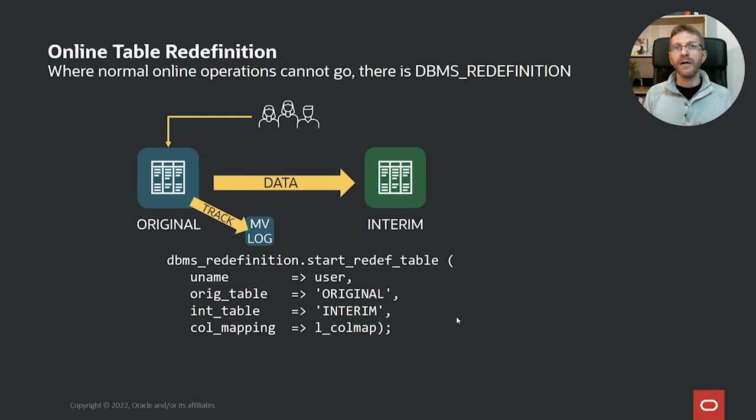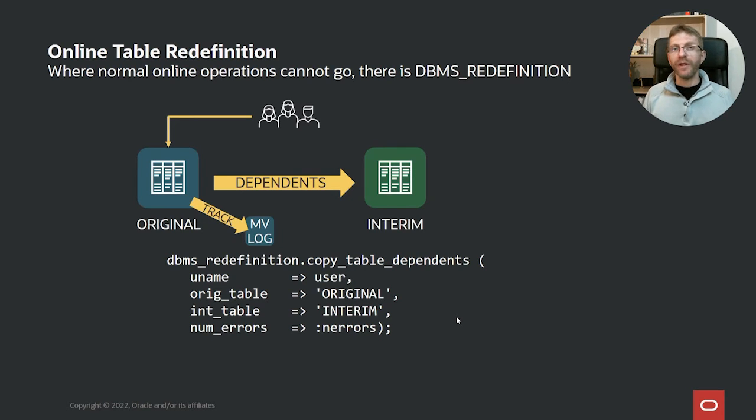The first one is tracking all the changes inside the original table into a materialized view log, and at the same time copying the data from the original table to the interim table. So the tracking of the changes in the materialized view log acts like a journal, so that while we redefine the table, the application can still use the original table, and all the modifications will be in a journal that we can later replay to the interim table.